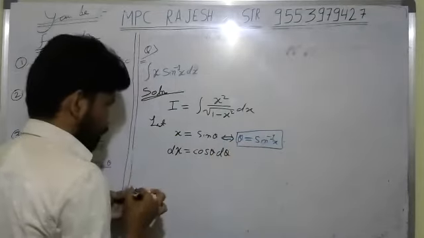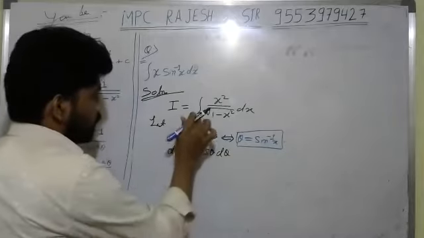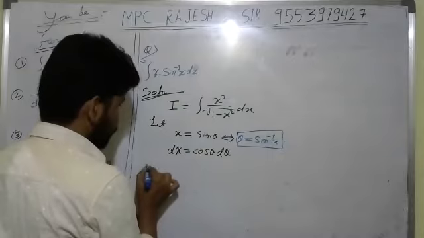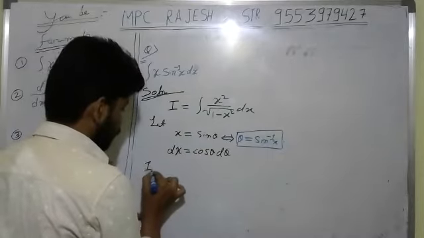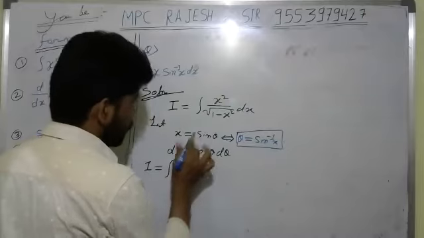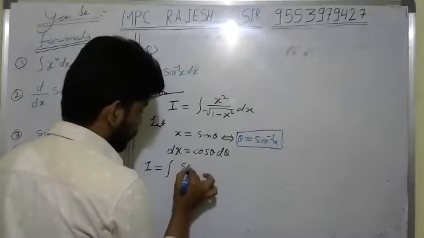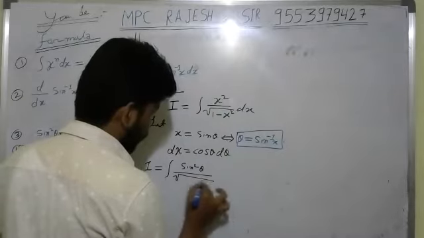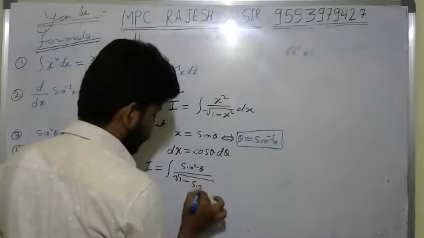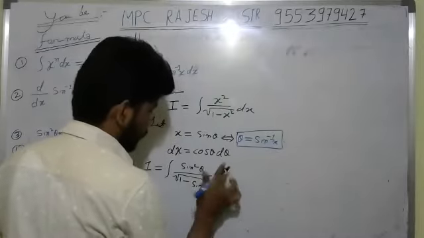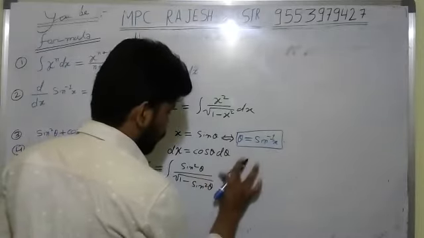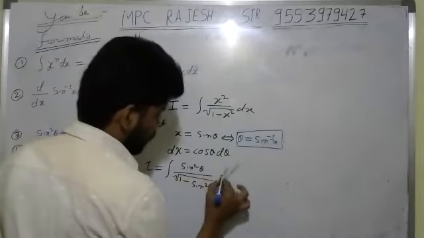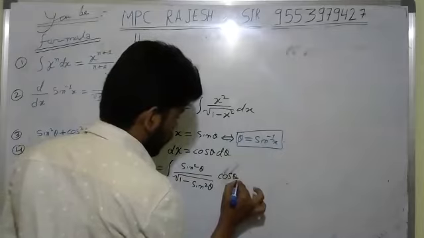So now we are going to apply this here. I is equal to integration of sine square theta upon square root of 1 minus sine square theta, and dx is cos theta d theta.